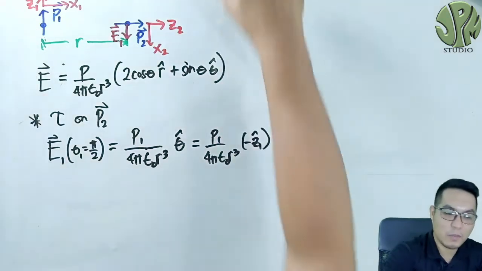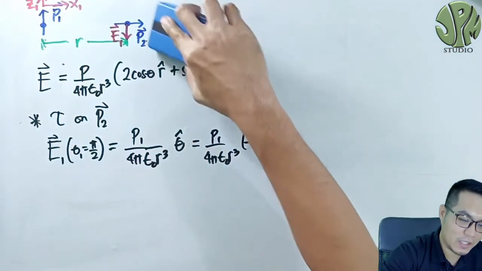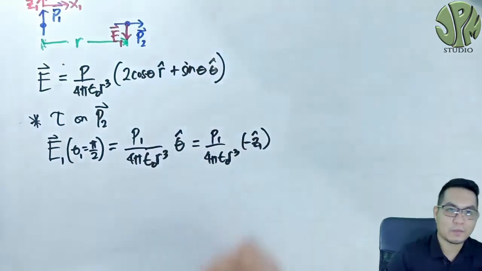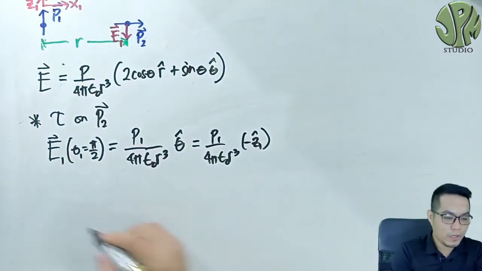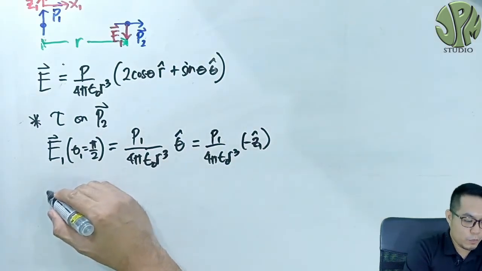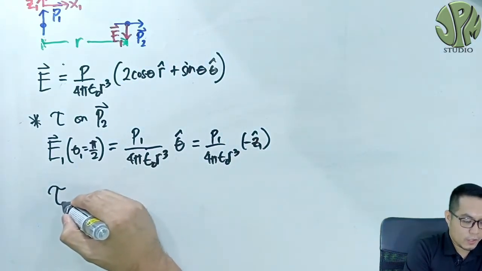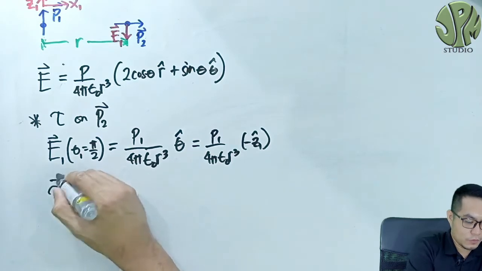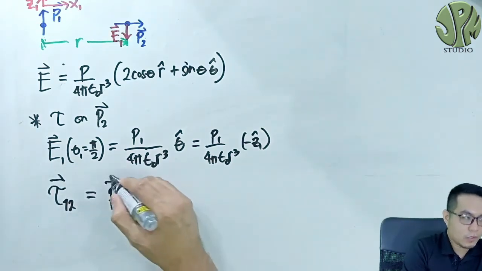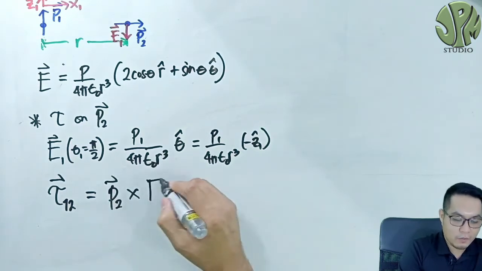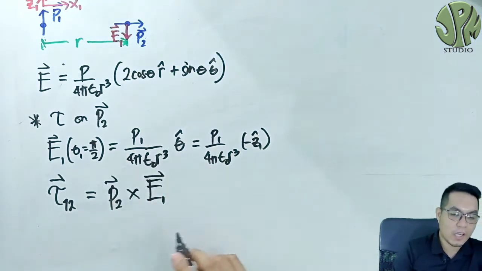So that you will not be confused, I will just erase this. I will just use this coordinate system later. Okay. So for the torque on P2, the torque exerted by 1 on 2, it's just the dipole P2 crossed with the electric field of E1, the external electric field.